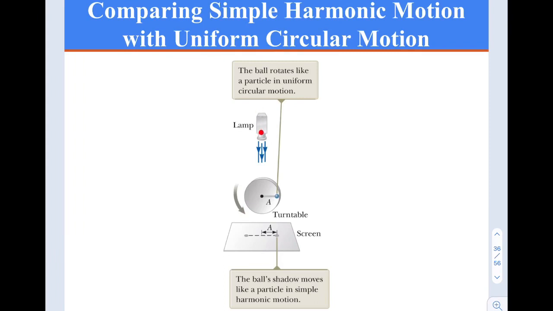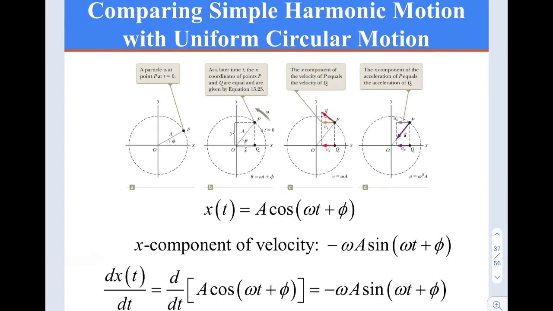We have a lamp on the top, so that the shadow of the object is on the screen at the bottom of the system. The moment the object is moving, the shadow is also moving. The object is rotating counterclockwise, however the shadow moves to the left and to the right. That is how we can relate circular motion to vibration.